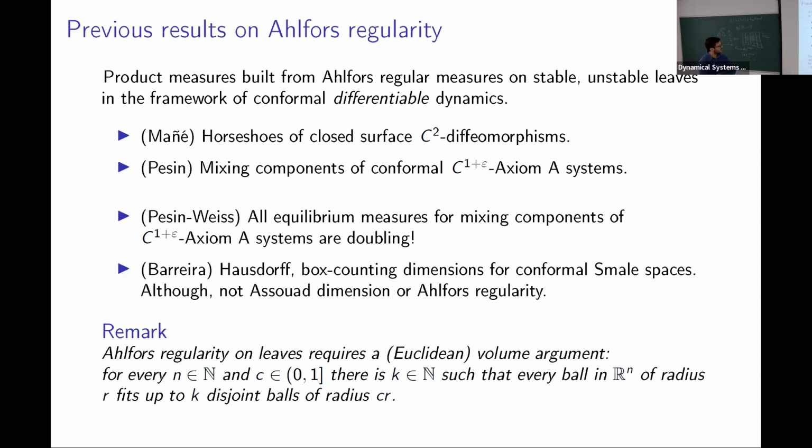The thing there is the following, that the stable and unstable sets are one-dimensional, which plays a big role, and then the holonomy maps become bi-Lipschitz. Therefore, you can take the dimensions of the stable and unstable and take the product. In general, you cannot do that.